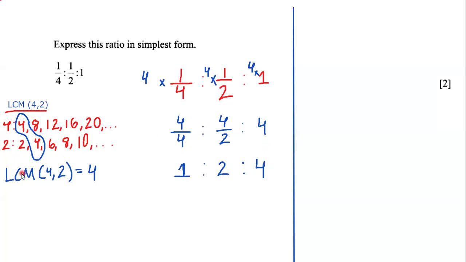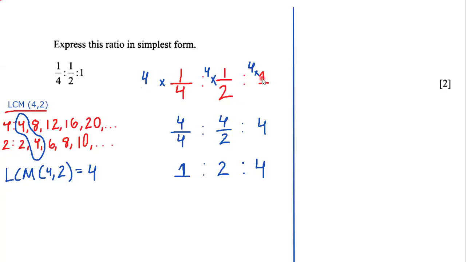So when we find the LCM of 4 and 2, Tyler, we found out that it was 4. So we say, okay, let's multiply 4 by every term in this ratio. So 4 multiplied by 1 gives us 4, and we keep the denominator, which is 2.